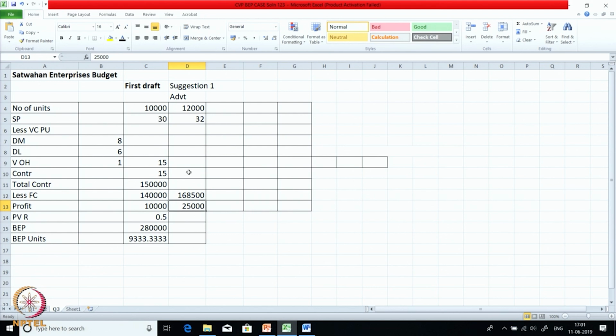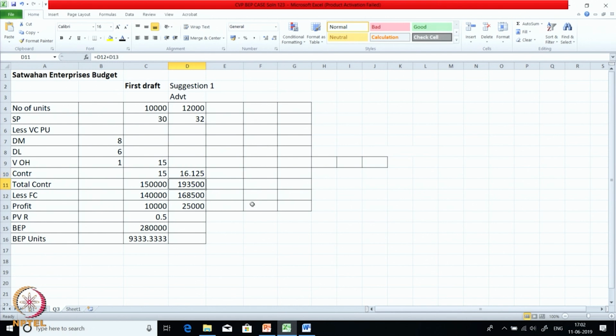You have to go back. For a desired profit of 25,000, the new fixed cost is 168,500. So the total contribution is 193,500. You know the number of units, so you can compute the contribution per unit: 16.125. How to get it?